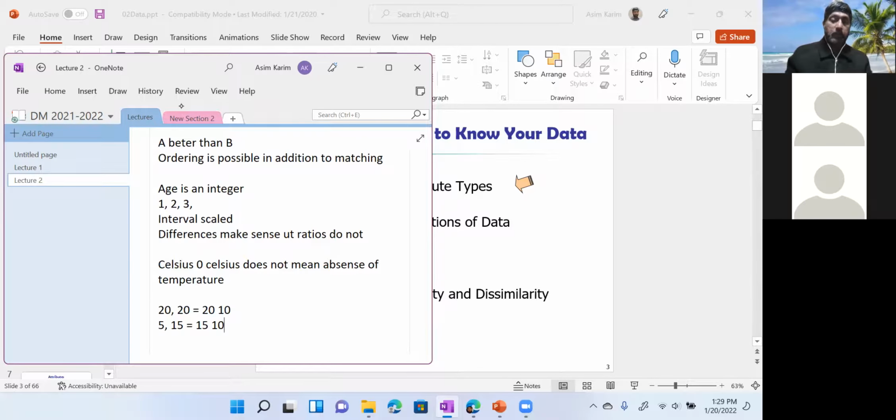You can't say that 20 degrees is twice as warm as 10 degrees. While in the next case, 15 over 5 would give you 3. So it is thrice as warm as 5 degrees. So you get different numbers, and those numbers do not make any sense in terms of that particular attribute.